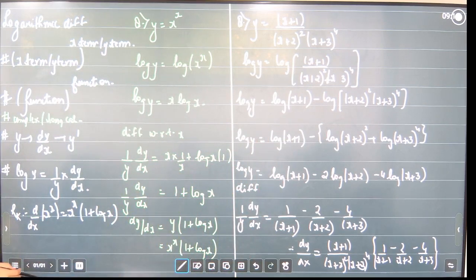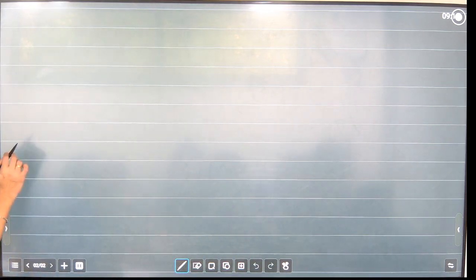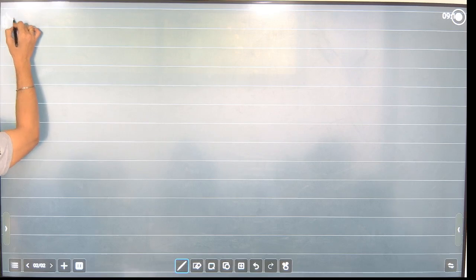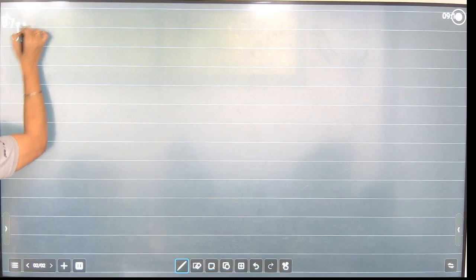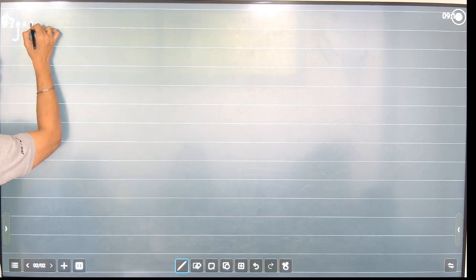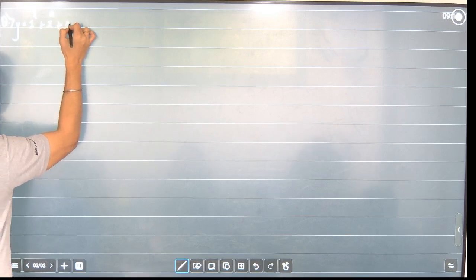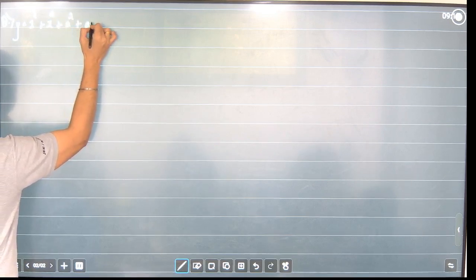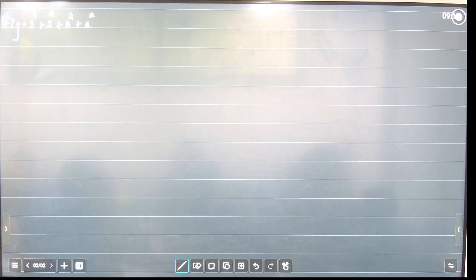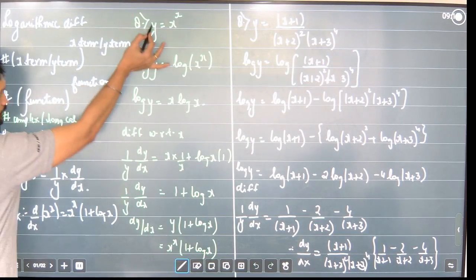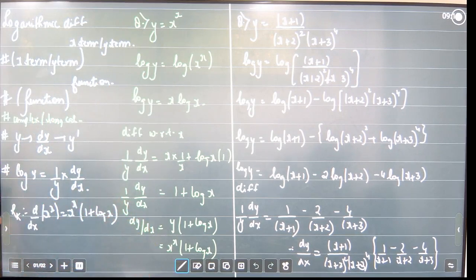Now listen. If I get a sum like this, y is equal to x raised to x plus x raised to a plus a raised to x plus a raised to a. Now we already know the explanation for x raised to x.